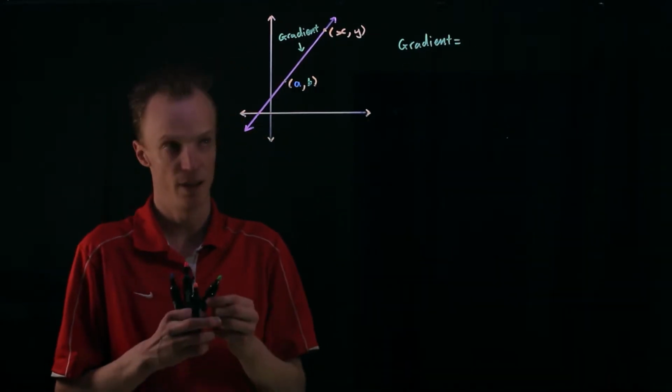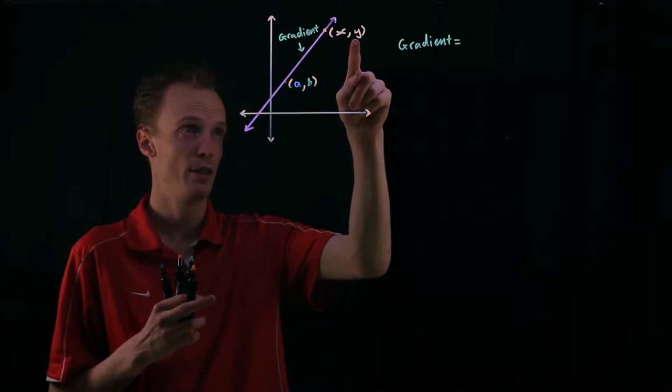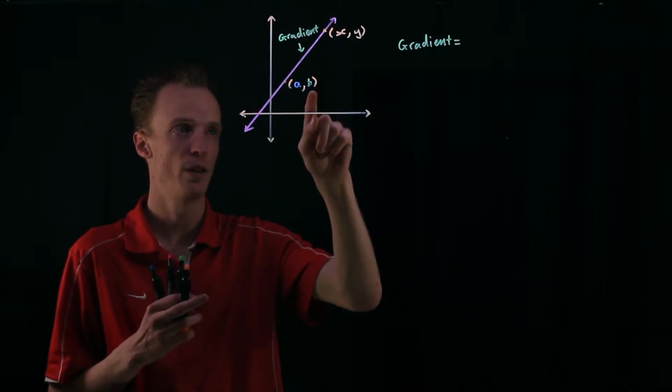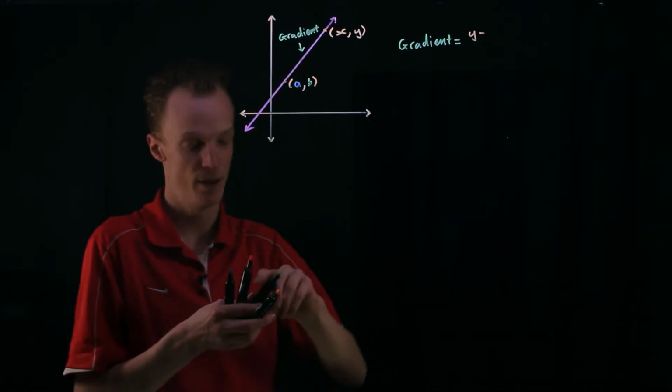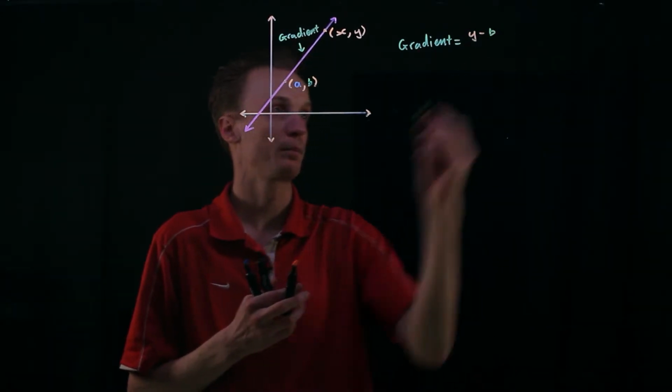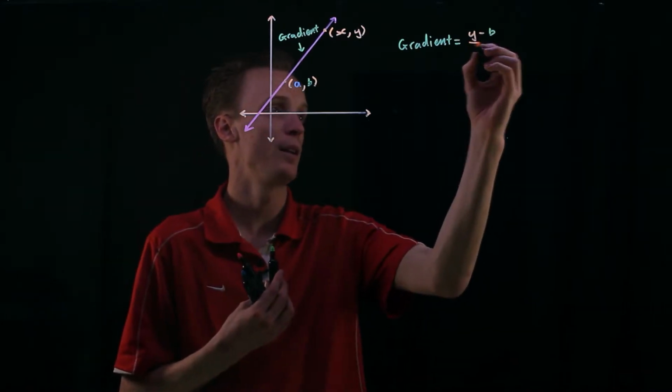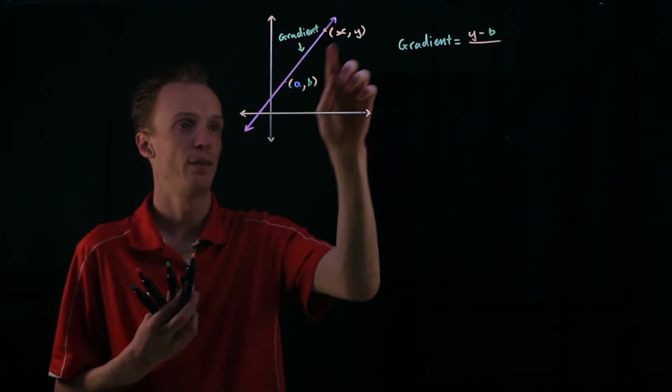So we would take this y coordinate, y subtract our b value, and all that will be divided by the run, so our x subtract the a.